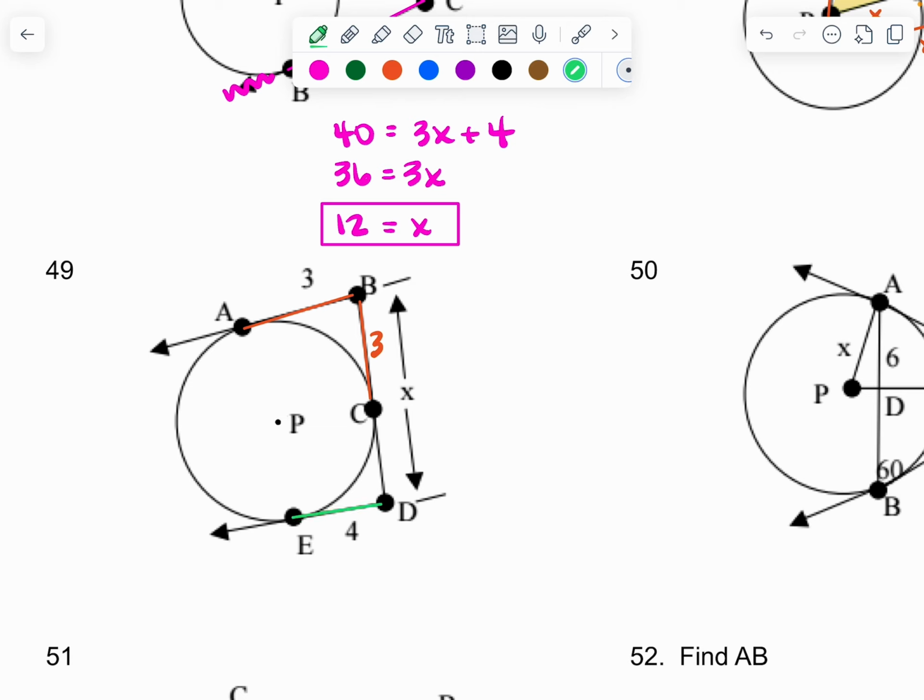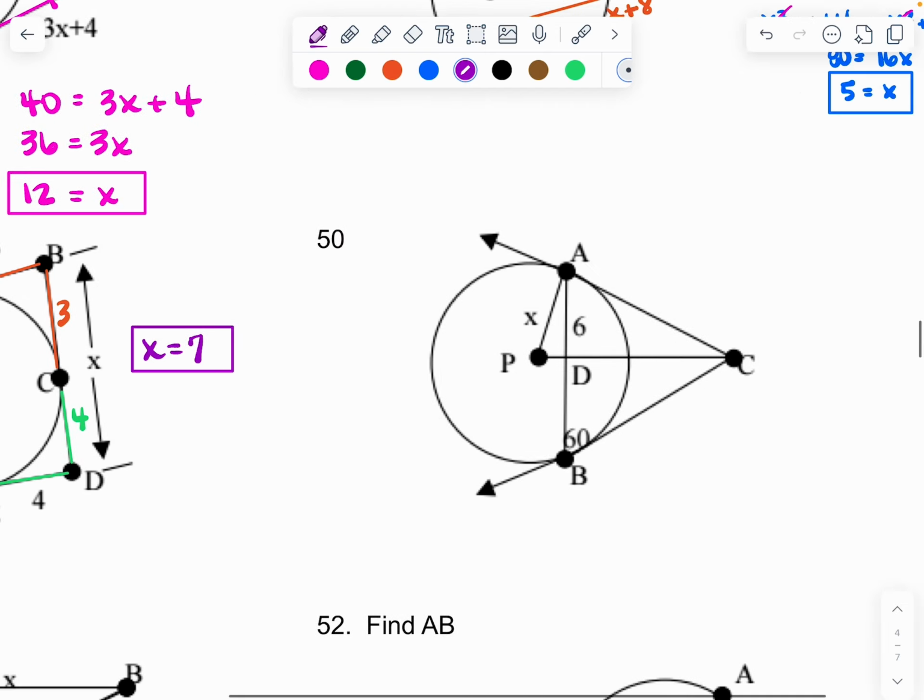And if this length is 4, then this length must also be 4. So literally all you have to do to solve for x is just add the 3 and the 4 together. So clearly x equals 7. It's just a matter of knowing the rule about tangents.